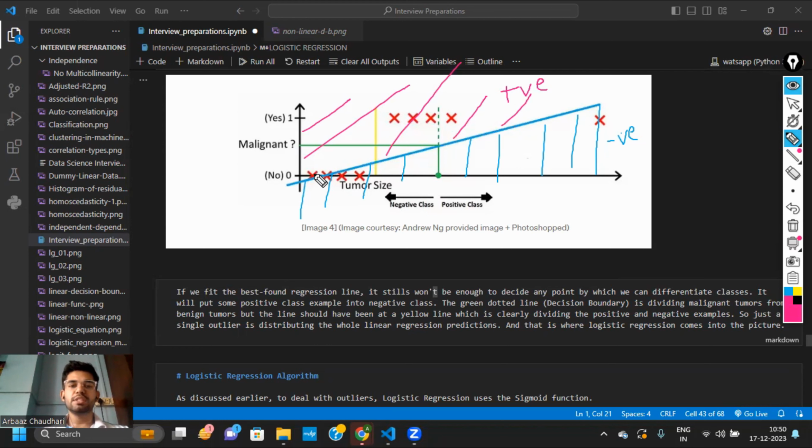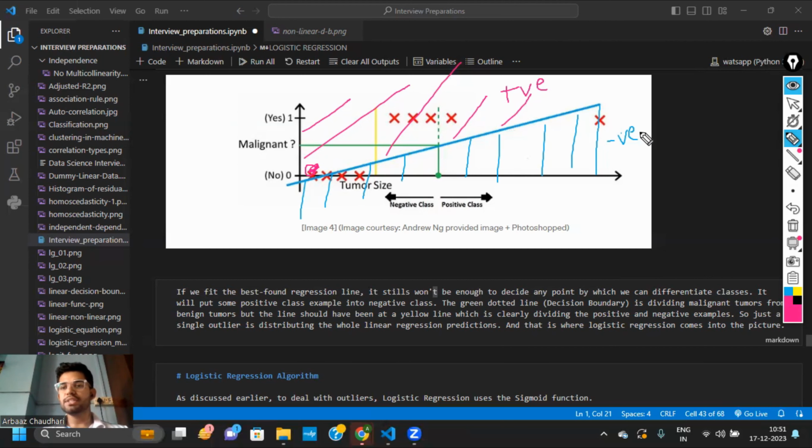But over here, this data point it is unable to classify, so it is not working that well. And over here, this was originally in class 1, but the linear regression model told us it is in the negative class. So we can see linear regression is making wrong predictions, which we don't want. We want accurate results. That is why we can't use linear regression in a classification problem.